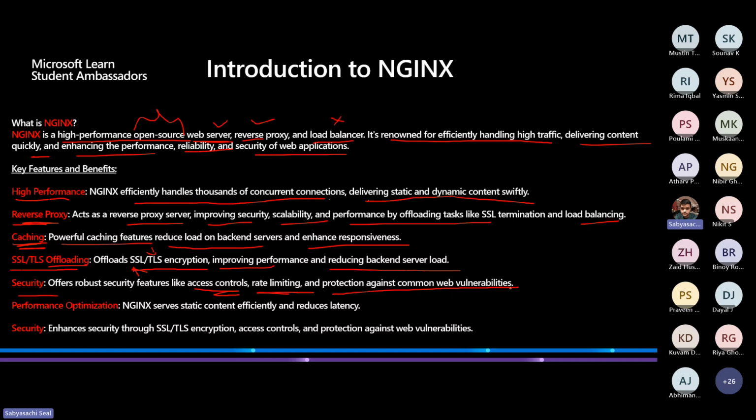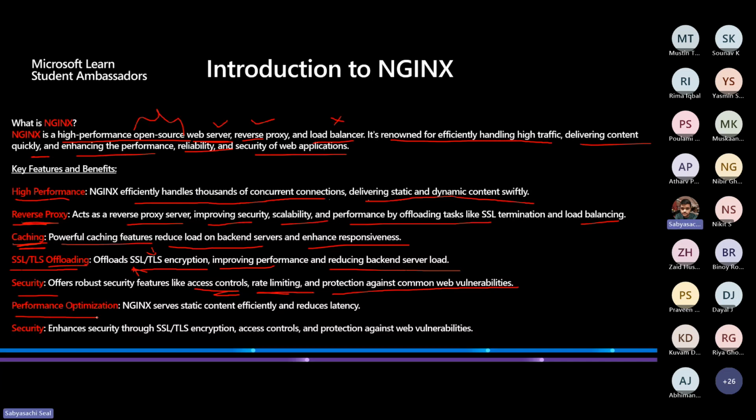Suppose you define that you can only make 100 requests in 1 second. Then the 101st request will be dropped, and it will tell you, hey, you can try after 5 seconds. In this way, your server continues to perform efficiently.